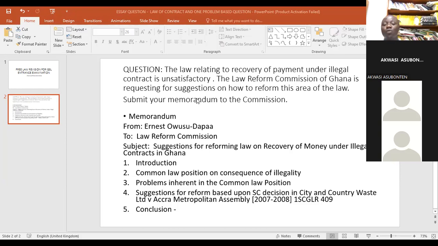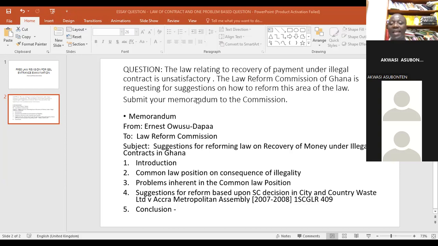Unjust enrichment is where you have received benefit at the expense of another person when you've not done anything in return to that person. So as the Bible says, it's like you are reaping where you have not sown. So that is unjust enrichment.